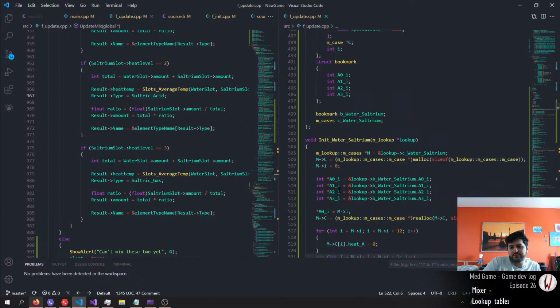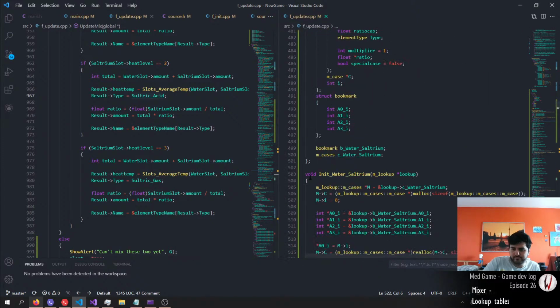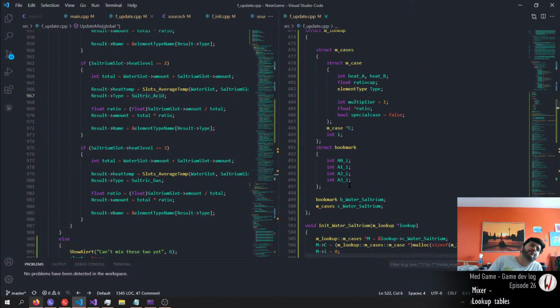Alright, I don't know, I'm still on the fence on the idea of how to store the bookmarks, because say we have a lot of cases. Actually, I could do this.